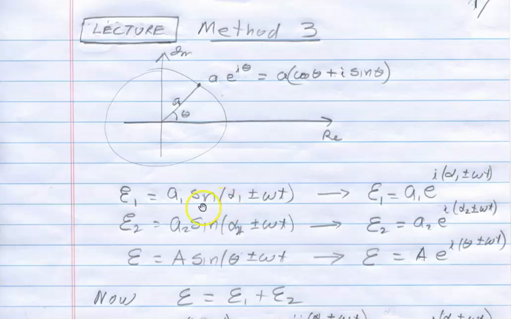Or if we'd used cosines for our different fields, then amplitudes and cosine functions for our sinusoidal, then we would do all of our calculation in terms of these complex phasors, and then ultimately take the real part to get back to the a cosine theta if we'd used cosines here.